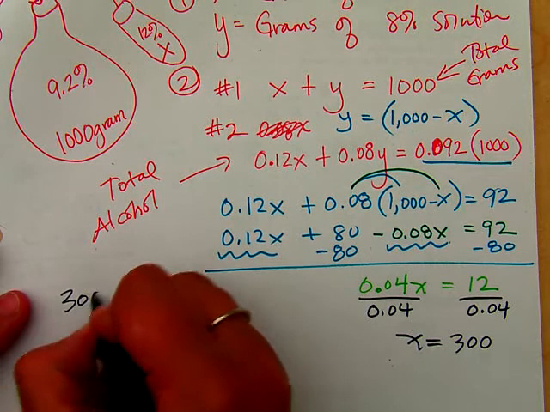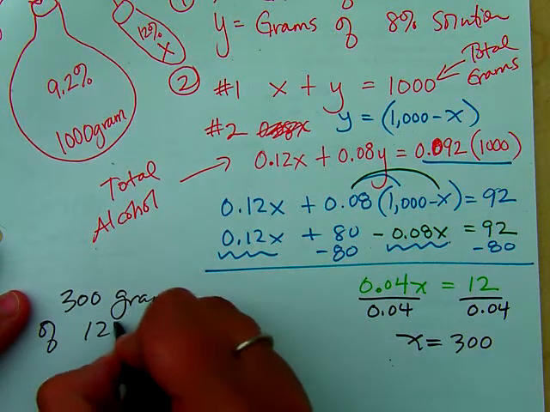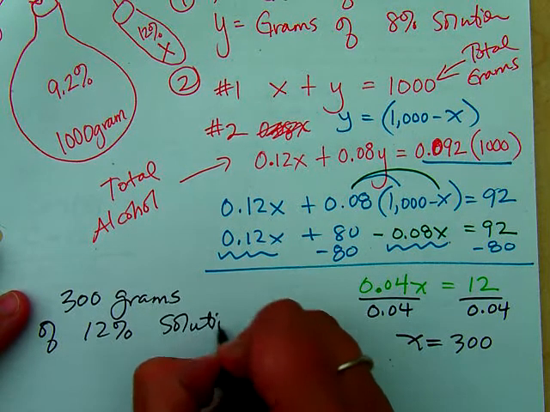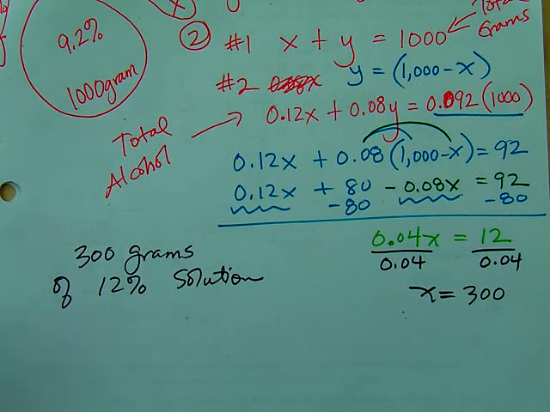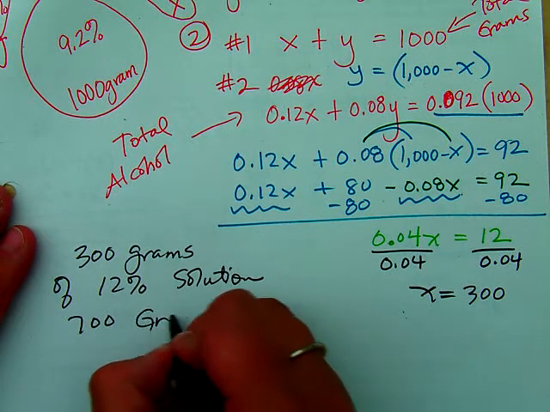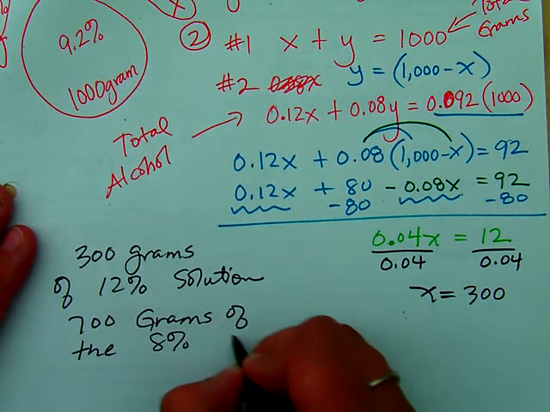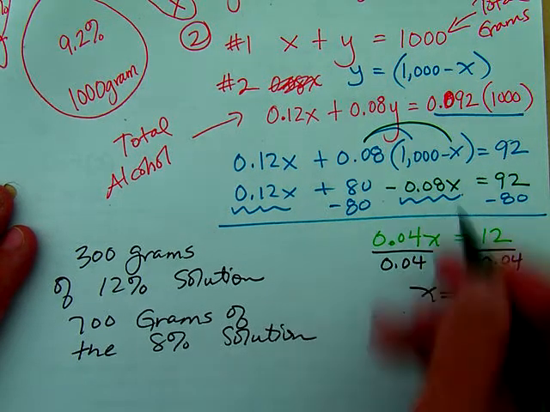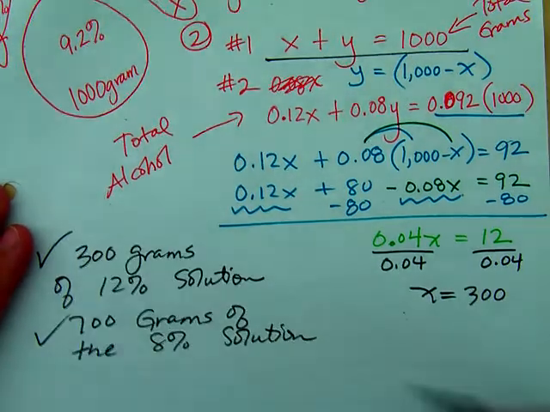So 300 grams of 12% solution, and how many grams would be left for the 8% solution? 700. 700 grams of the 8% solution. And that's basically equation 1. That's pretty much a check right there for equation 1.